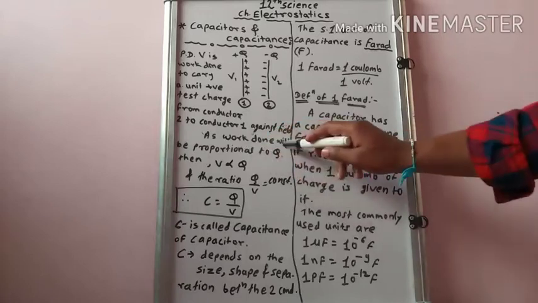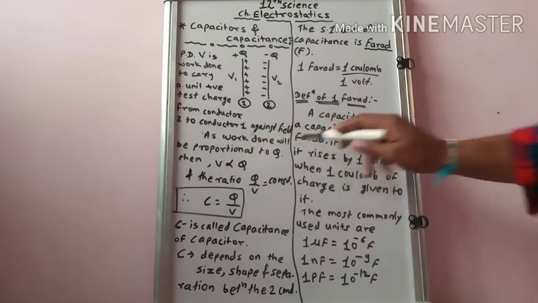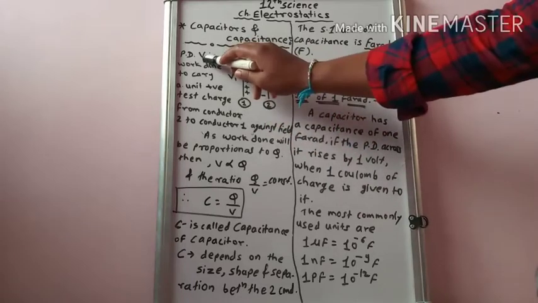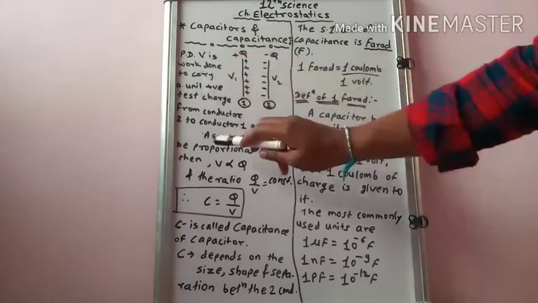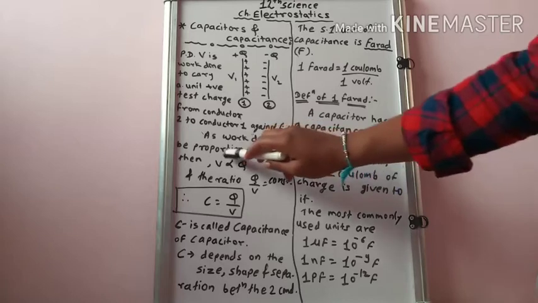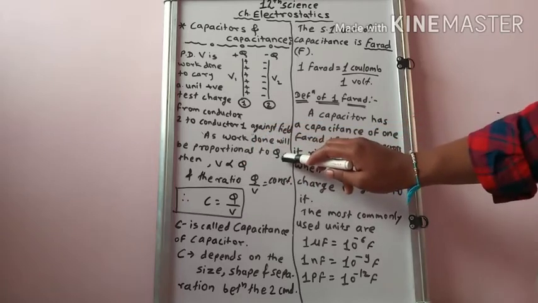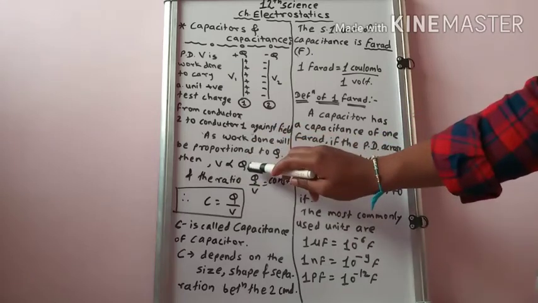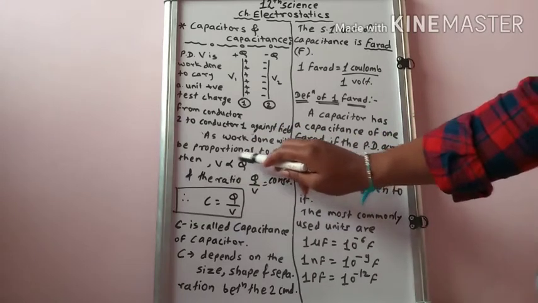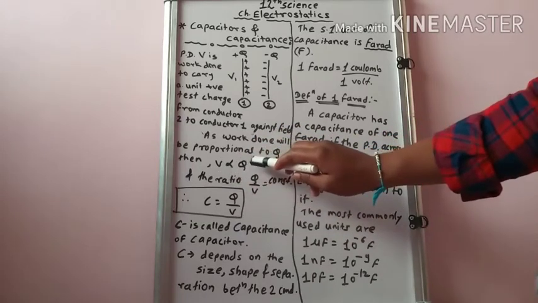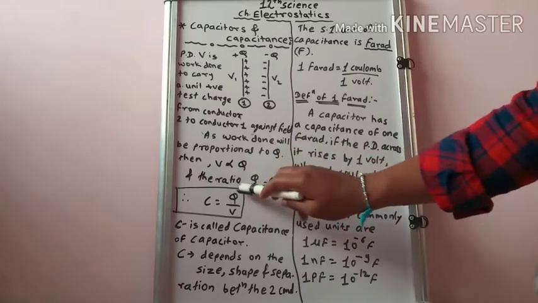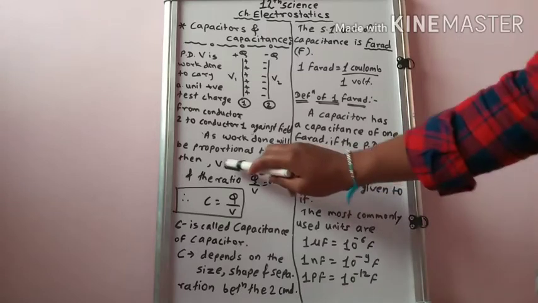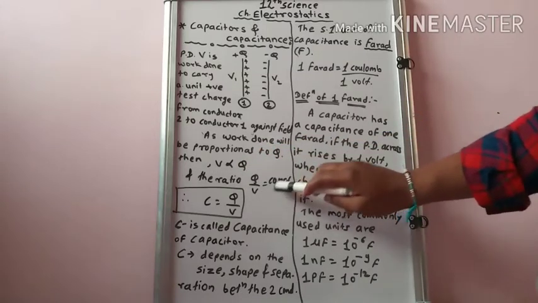This work done will be proportional to the charge Q. That means the potential V is directly proportional to the charge Q. That is, V is directly proportional to Q, and the ratio Q upon V is a constant.